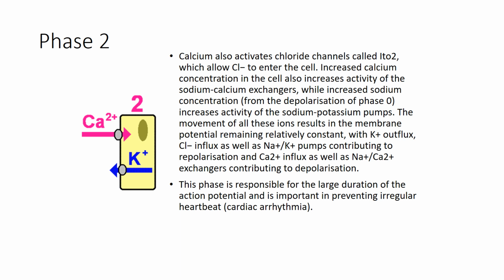The movement of all these ions results in the membrane potential remaining relatively constant, with potassium ion outflux, chloride influx as well as sodium-potassium pumps contributing to repolarization, and calcium influx as well as sodium-calcium exchangers contributing to depolarization. This phase is responsible for the large duration of the action potential and is important in preventing irregular heartbeat, cardiac arrhythmia.